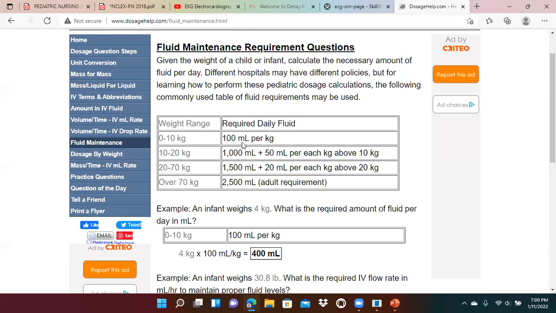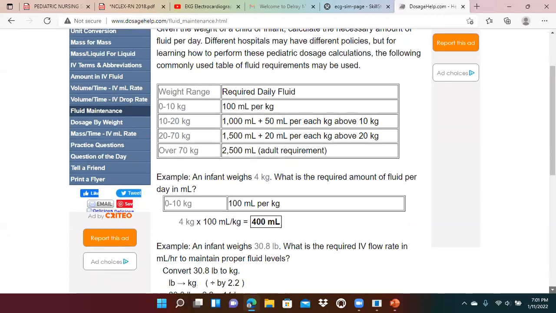So it is 100 times 4 kilogram, because my infant body weight is 4 and 100 ml per kilogram body weight is, so 0 to 10 kilogram, 100 ml per kg, 4 kg times 100, total need 400 ml body daily fluid required if baby has 4 kilogram body weight.